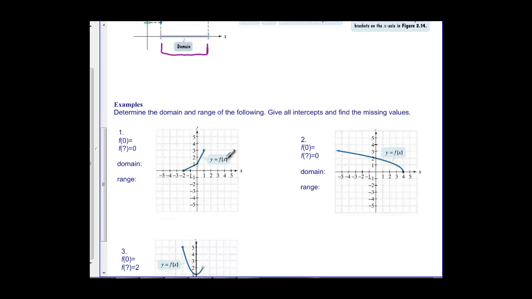So for this one, for number 1, the domain, all the possible x values go from what to what? From -2 to 1. So we're just looking for the x values, and it goes from -2 to 1. And these are filled in dots, which means that they are including the endpoints.